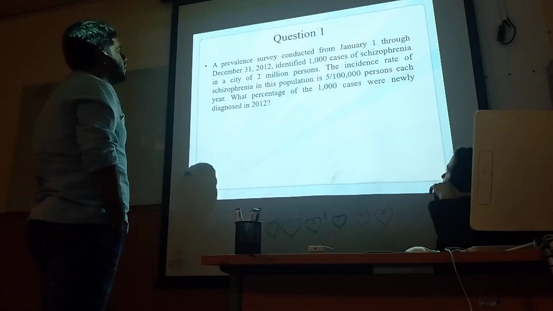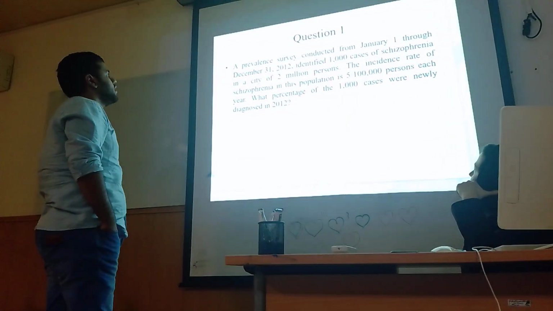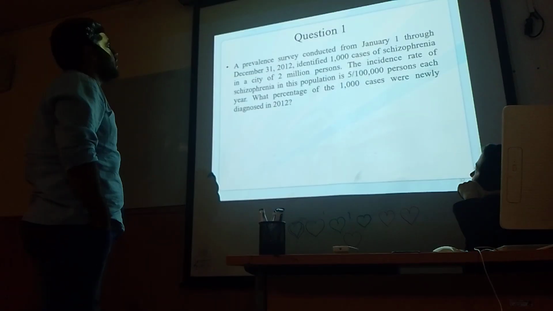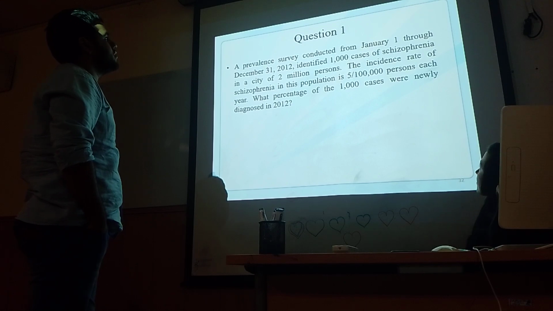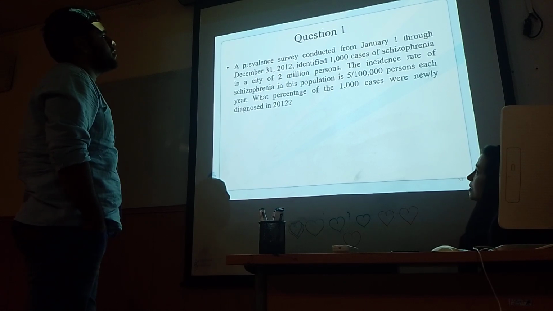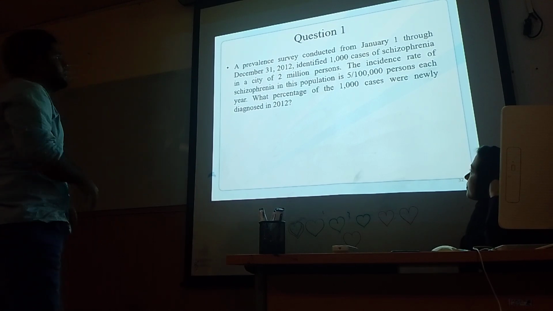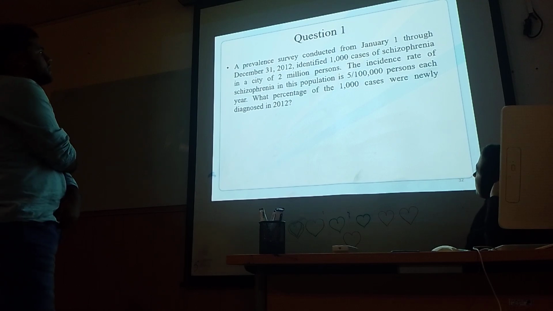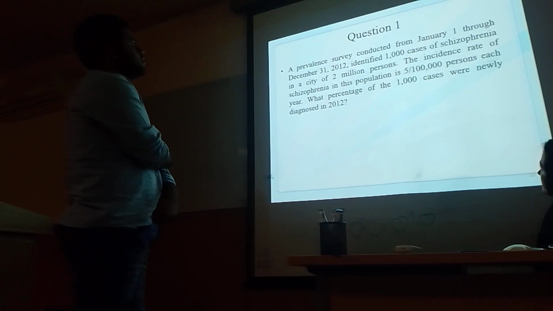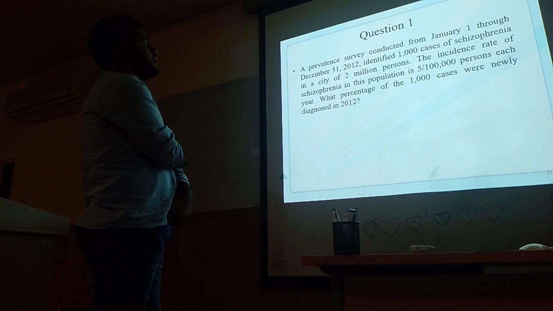Prevalence survey conducted from January 1 through December 31st, 2012 identified 1,000 cases of schizophrenia in a city of 2 million persons. The incidence rate of schizophrenia in the population was 5 per 100,000 persons each year. What percentage of the 1,000 cases were newly diagnosed in 2012?